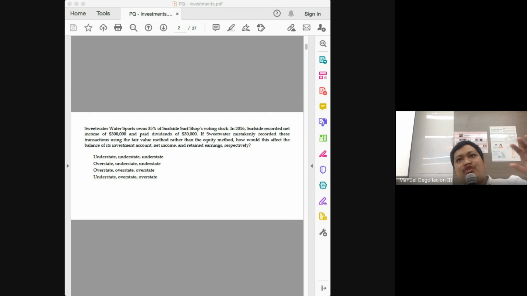So from this transaction, if we use the equity method, we will have a profit of 105,000. What if we use the fair value method? What will be our source of income? Will the 105 be a part of our income?